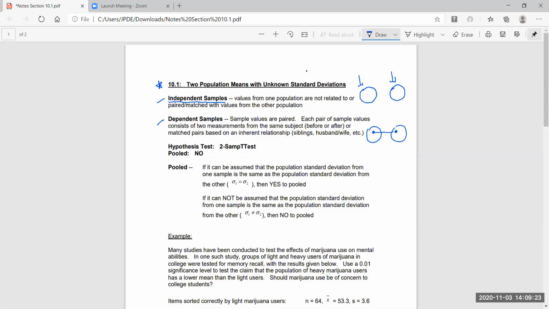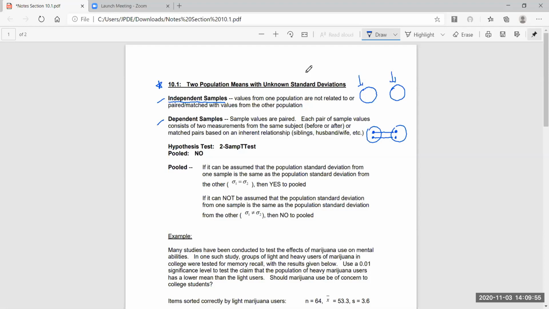So those would be dependent samples in that you would need to compare that person to themselves. You can also have pairs that are connected by another means. Like maybe you're doing a study on marital satisfaction, and so you would study the husband and the wife, and you want to compare those two to each other. You wouldn't want to compare one husband to somebody else's wife.